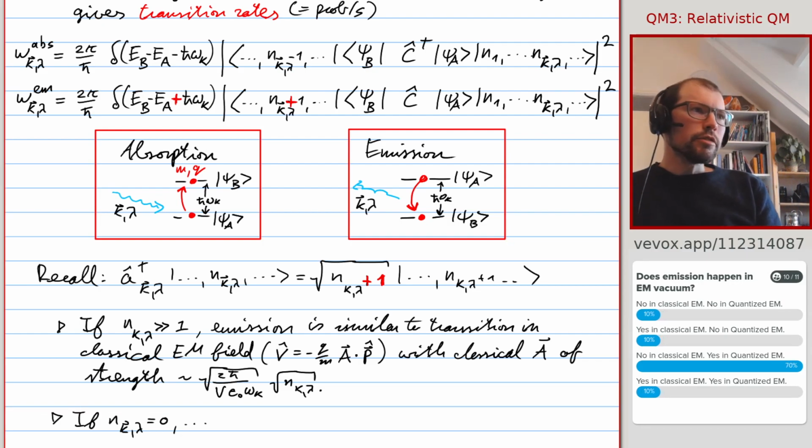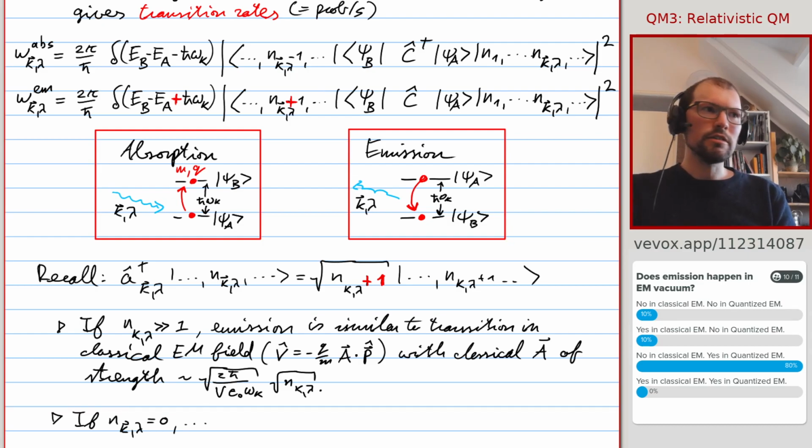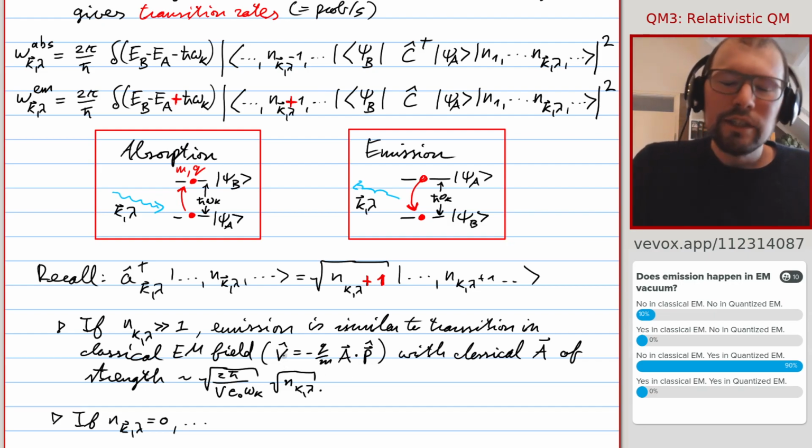Okay, so most of you vote for no, nothing can happen in classical electromagnetism, but emission can happen when our electromagnetic field is quantized. I agree. So why is that? Why can nothing happen when you have a classical field? Well, as we said, the only thing that can induce the transition, so the perturbation, for the particle to go from one eigenstate to the other, is through this interaction between the vector potential and the particle.